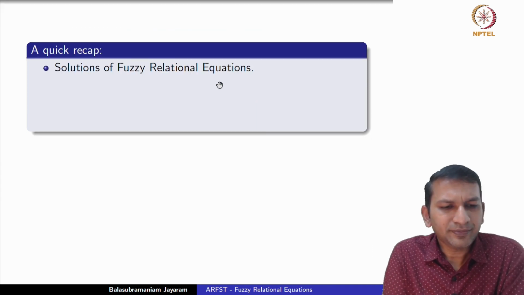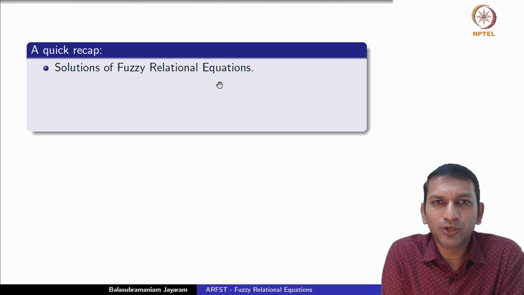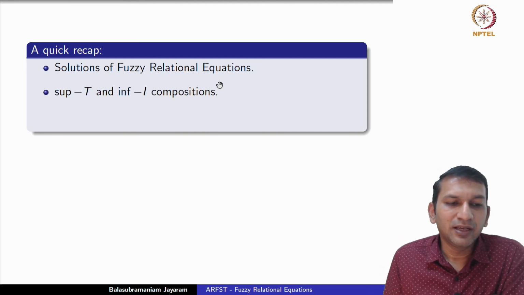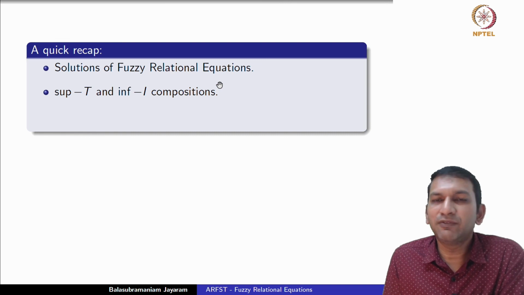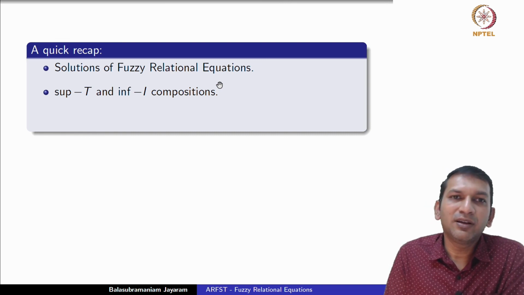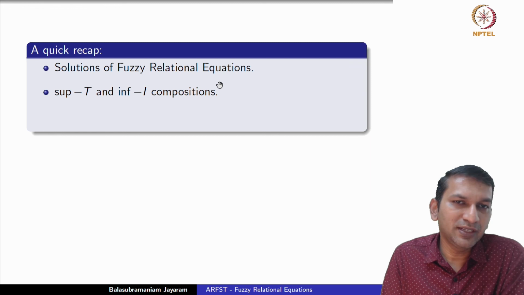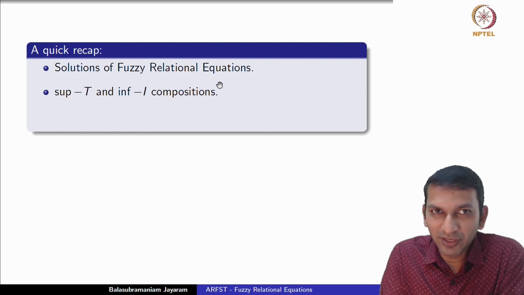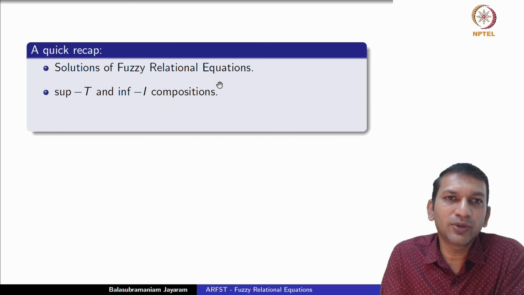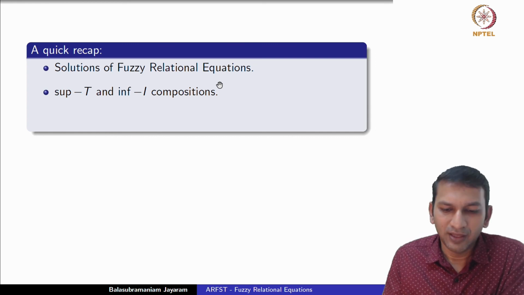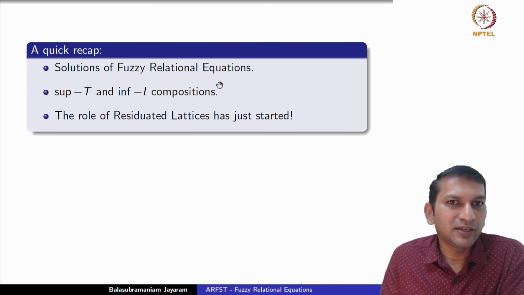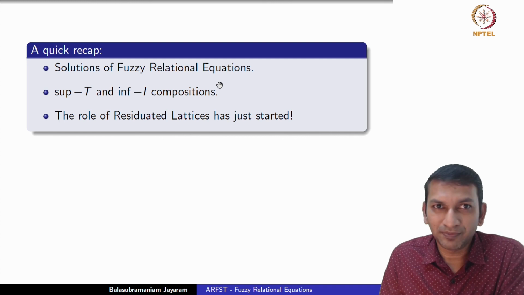Well, we have looked at solutions of fuzzy relational equations so far, and we have seen specifically the sup T and in-phi compositions, because the context that we have set is coming from fuzzy relational inference, and we are interested in looking at interpolativity there. We have seen that residuated lattices play an important role.